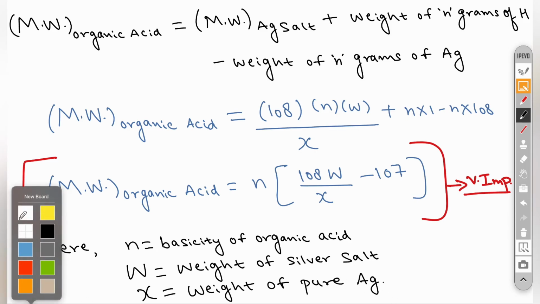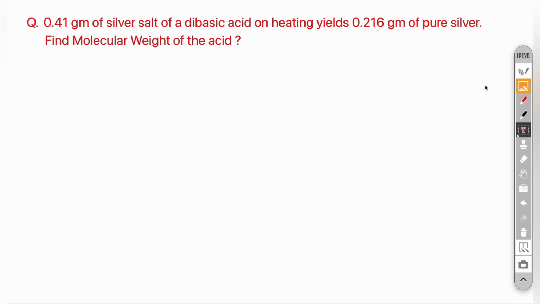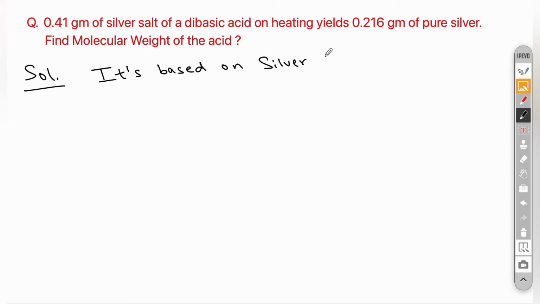Now we will solve a problem so you better understand. Here we have 0.41 gram of silver salt of a dibasic acid which on heating yields 0.216 gram of pure silver. Find the molecular weight of the acid. Pause the video and solve by yourself. Now we will solve it. We will first write that it is based on the silver salt method because an organic acid is involved.